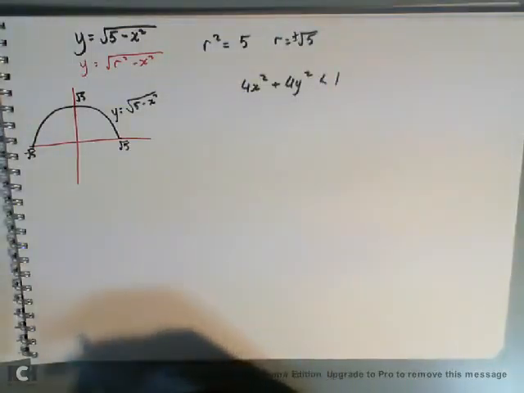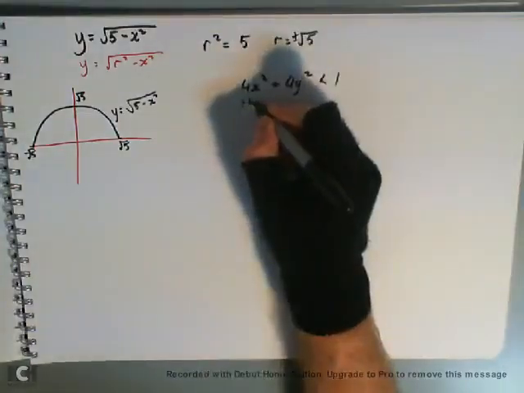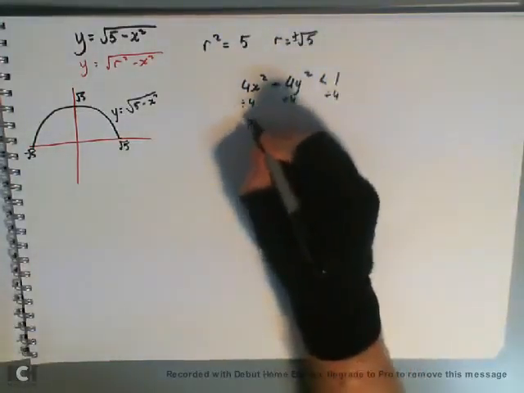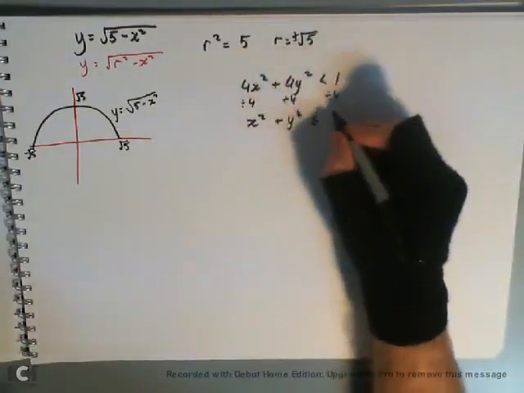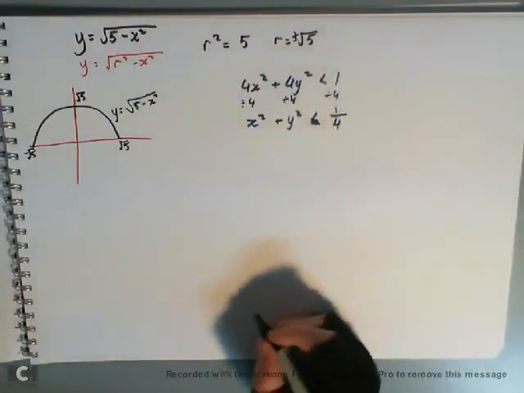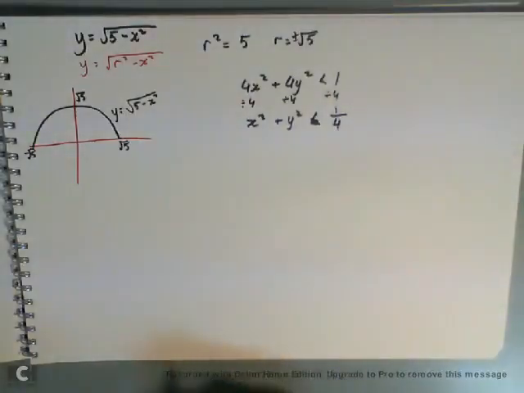Okay, first thing, we need to get rid of those 4's, so dividing by 4. So we'll have x squared plus y squared is less than, just less than, 1 over 4. Now we've got a circle.